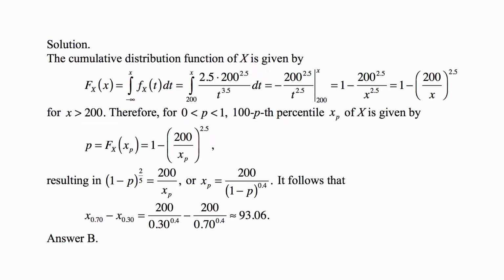Well, the cumulative distribution function of x is given by the integral from minus infinity to x of the density, which of course doesn't really start at minus infinity because below 200 the density is 0, so we start from 200 to x of 2.5 times 200 to the power 2.5 over t to the power 3.5 dt.